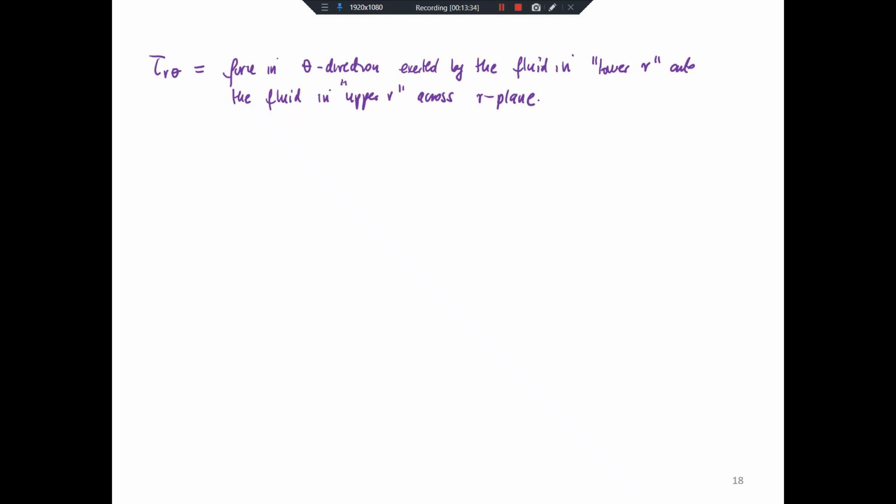This is normalized, of course, by the area. So what I'm looking for is tau r theta at r equal to R, which is my force on a fluid element or a solid surface area element at r equal to R, the solid surface.